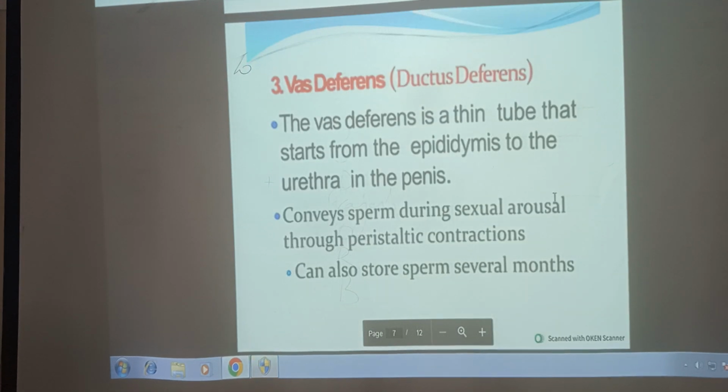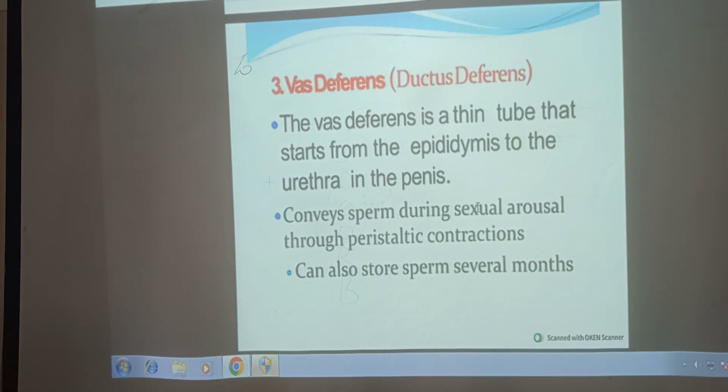Next one, vasa deferens. The vasa deferens, or ductus deferens, is a long narrow muscular tube. The mucosa of the ductus deferens consists of a pseudostratified columnar epithelium and lamina propria.